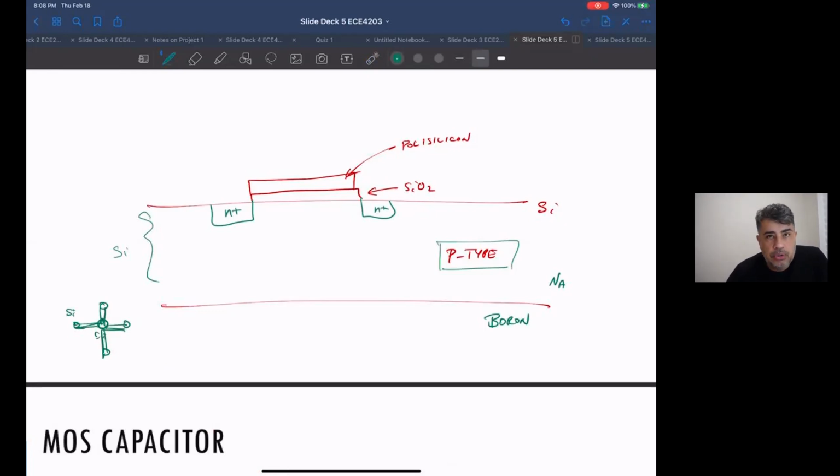In a P-type doped silicon, in a cubic centimeter of silicon, I think there's something like 10 to the 22 atoms. A typical doping concentration for boron into the silicon could be anything. Let's say it's 10 to the 15.